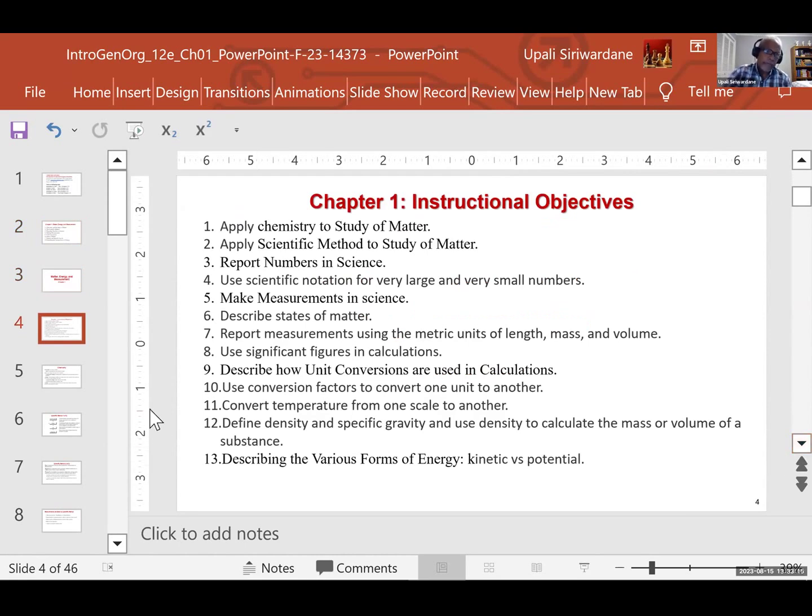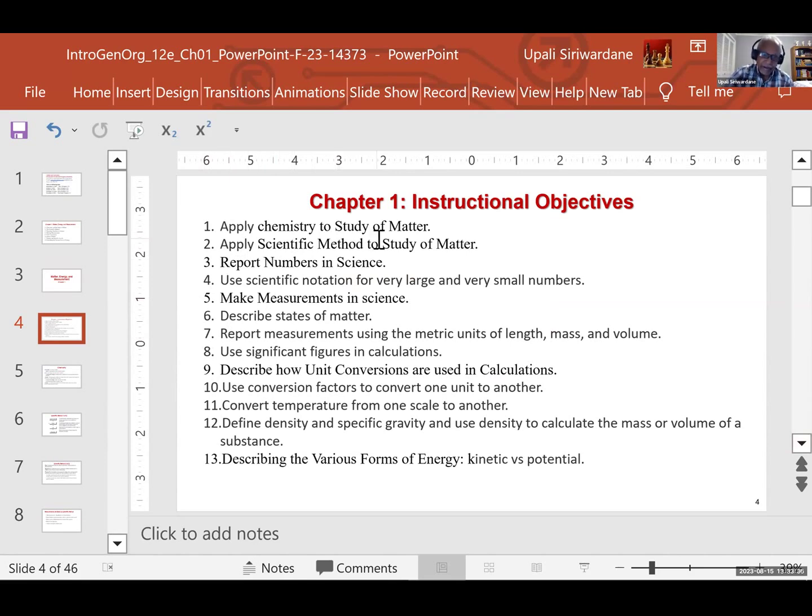We're going to talk about these topics discussed in the previous slide. The objective is to apply chemistry to the study of matter.